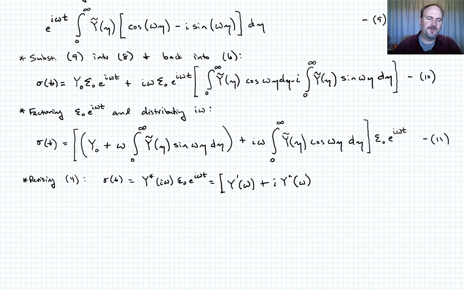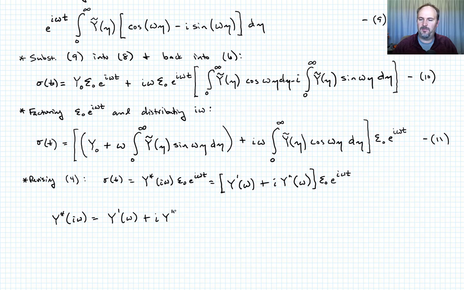Those aren't derivative terms. Those are just real and imaginary coefficients inside the complex modulus. So we could write that y star of i omega is equal to y prime of omega plus i times y double prime of omega. Okay, let's call that equation 12.